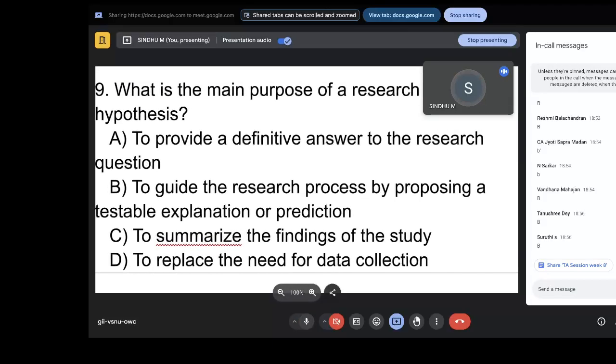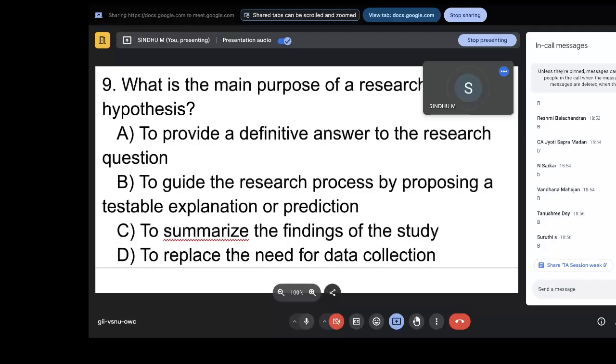Yes, so the hypothesis means that we are predicting what may be causing a phenomenon. If we identify a research question, then based on the literature review we can make a prediction that maybe this is what is causing this phenomenon. So that is the hypothesis.